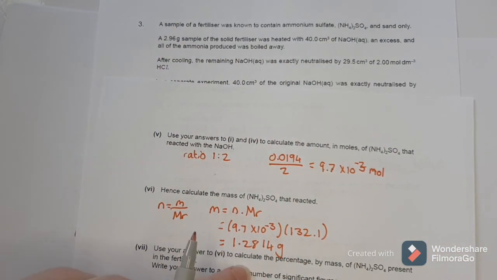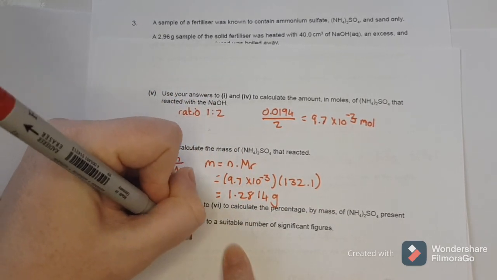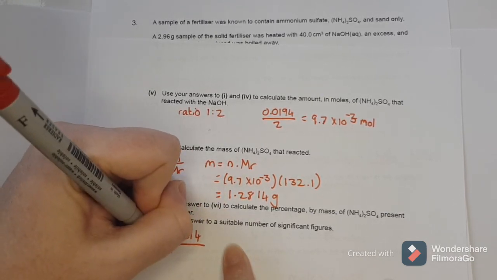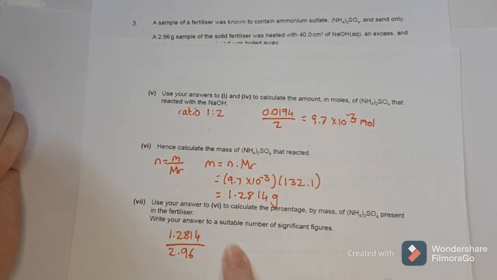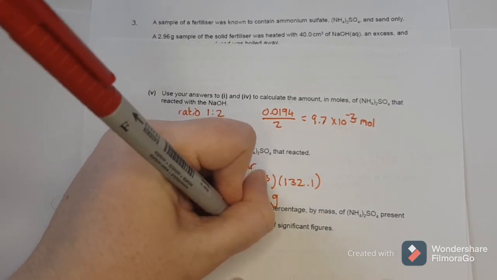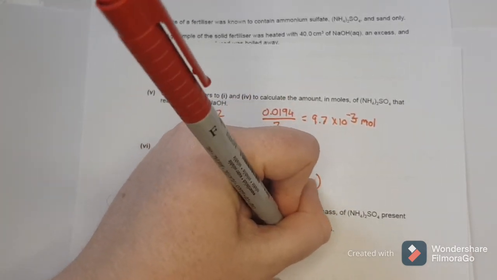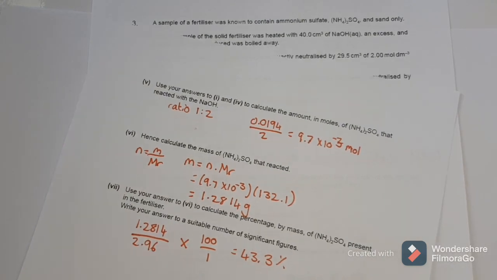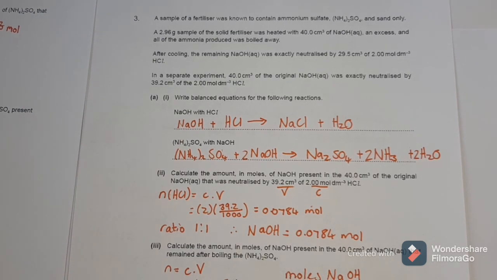So the original gram of just the ammonium sulfate of 1.2814, if I take that and divide it by the total of 2.96 grams, and to turn it into percentage, I'll say times 100 over 1, I will end up with a percentage of 43.3%. So that's just an example of how we can use all of our different equations and our mole ratios to be able to find anything we want.